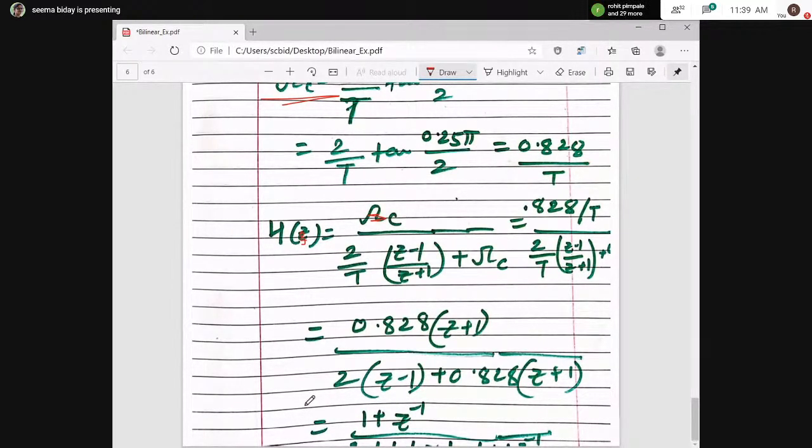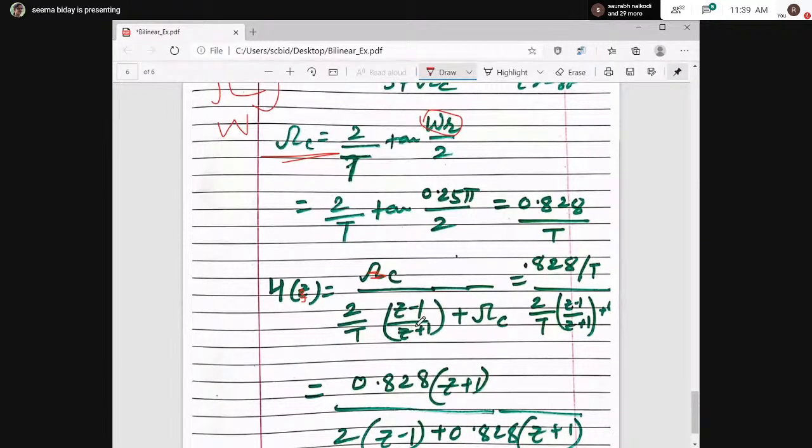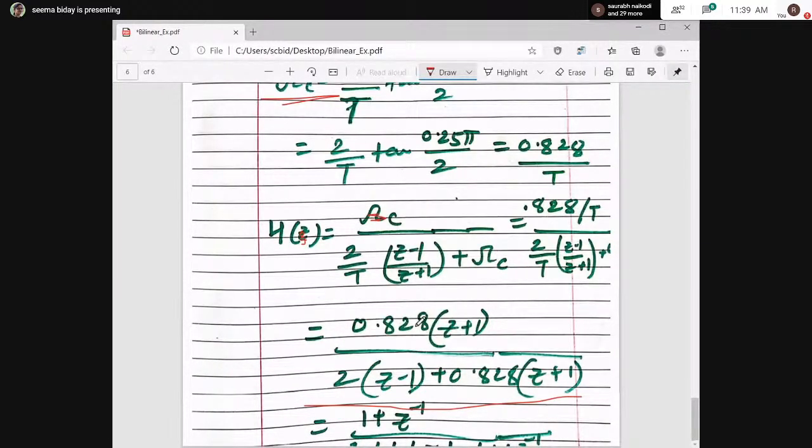Verify this answer. Solve this example and verify the answer. If you have any doubt, please ask me.